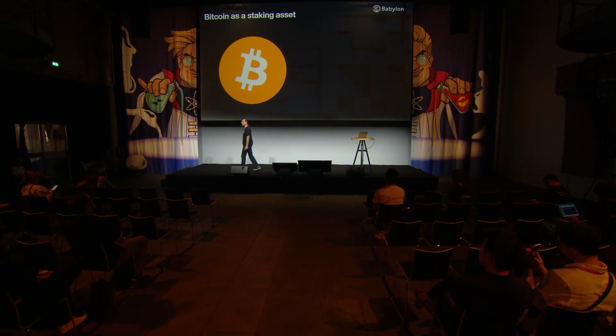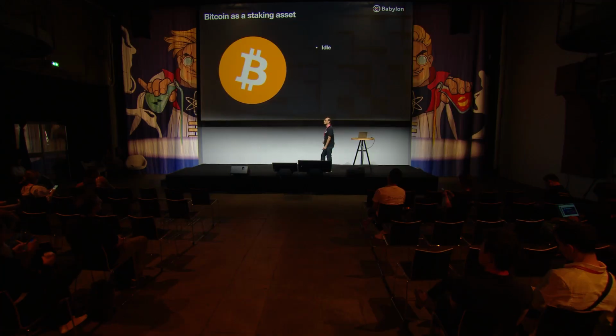Okay. Now, let's think about why Bitcoin as a staking asset is valuable. First is that most of the Bitcoin on the Bitcoin chain is actually sitting around idle. There's not much DeFi going on Bitcoin.